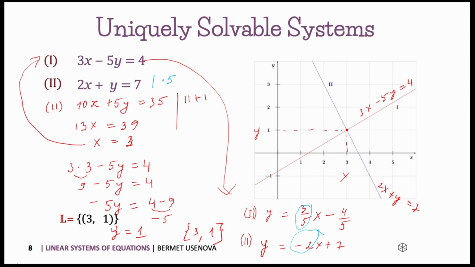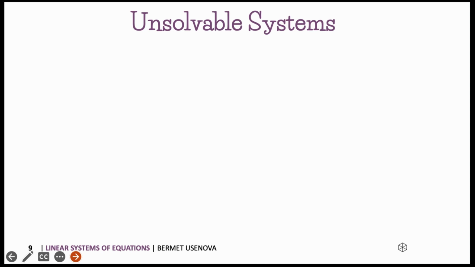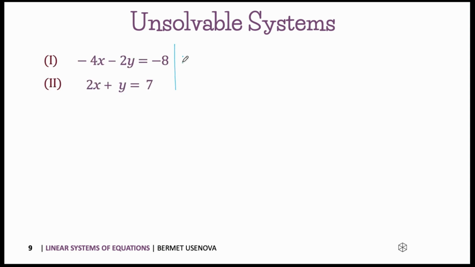So let's move on to the next example: unsolvable systems. Some systems do not have a solution, like the following. We can divide this equation by 2. We will get minus 2x minus y equals minus 4. And we leave the second equation as it is: 2x plus y equals 7.